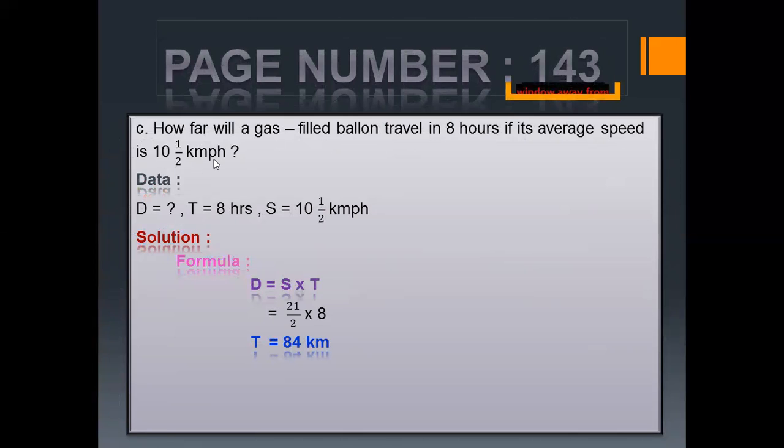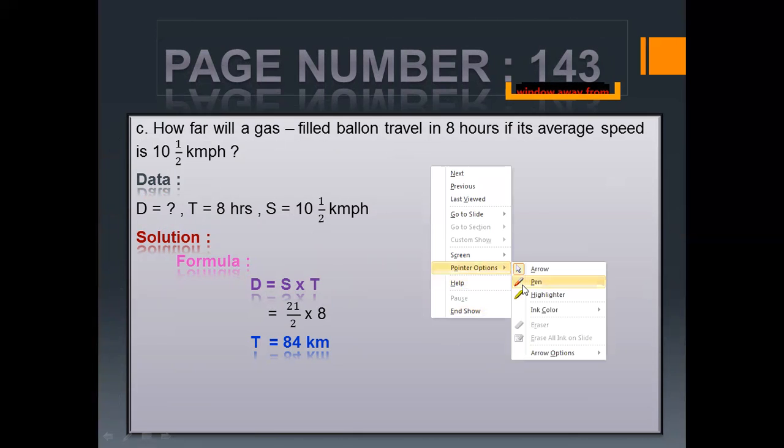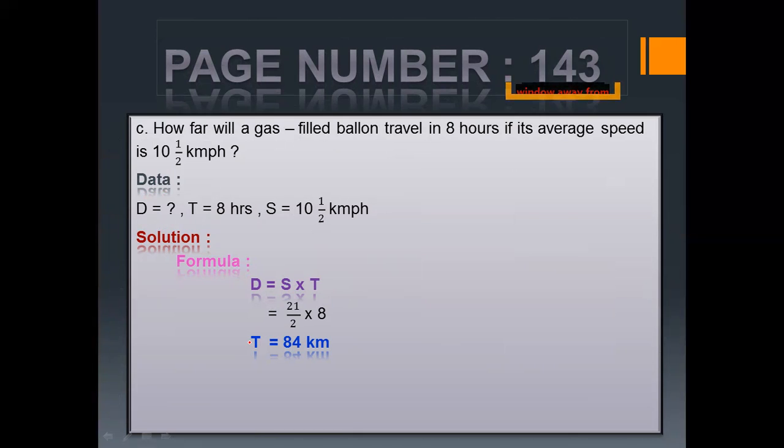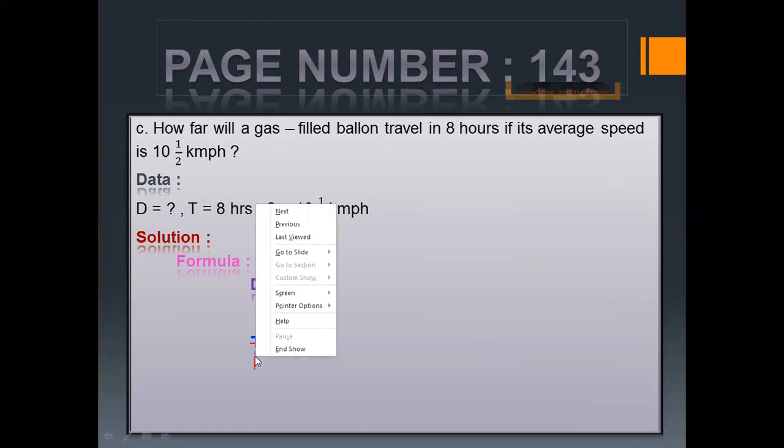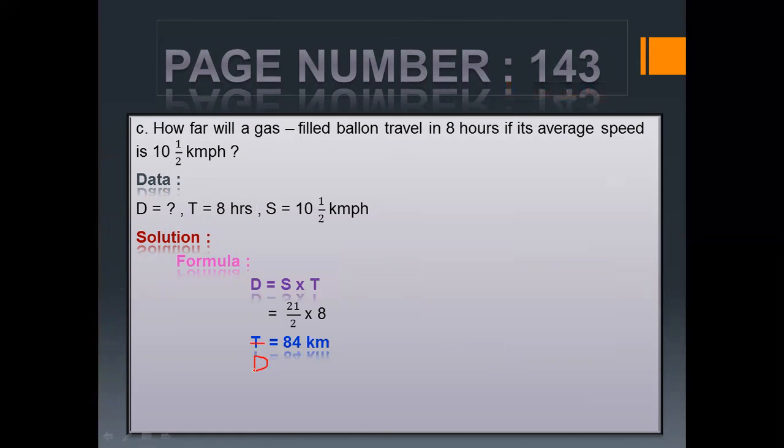Part C, the last part of this question and also of this lecture and also the last step of our completion of syllabus. How far will a bus travel? 8 hours is given. It means time. Time is 8 hours. 10 whole number 1 by 2 kilometer per hour.